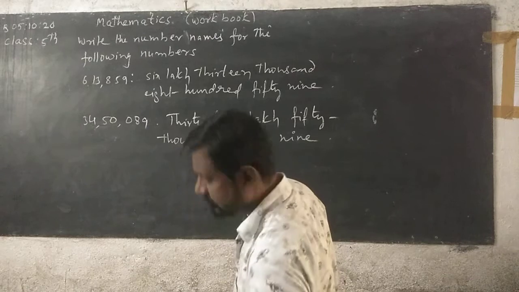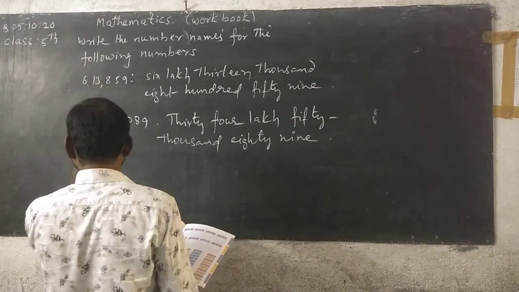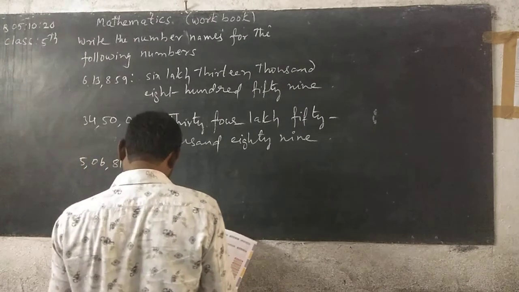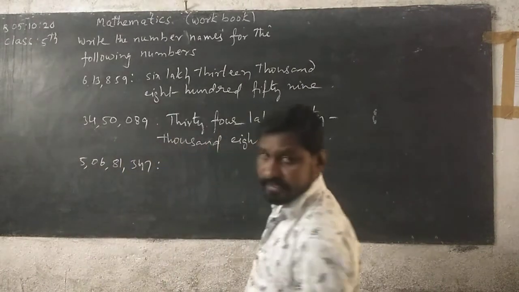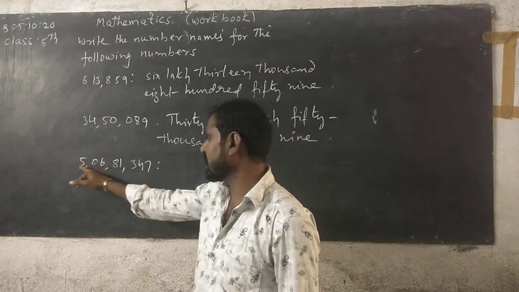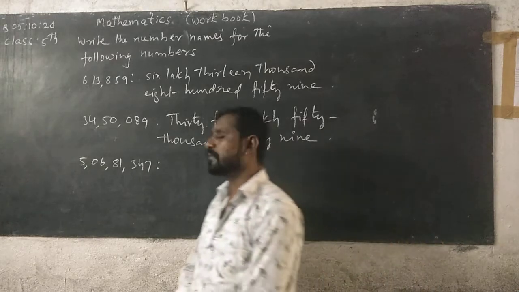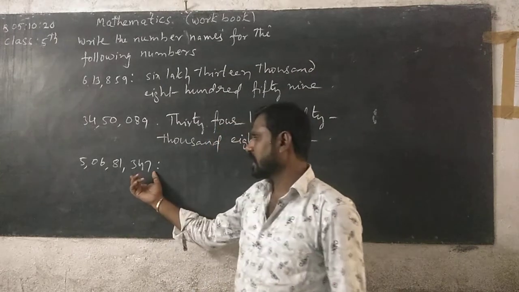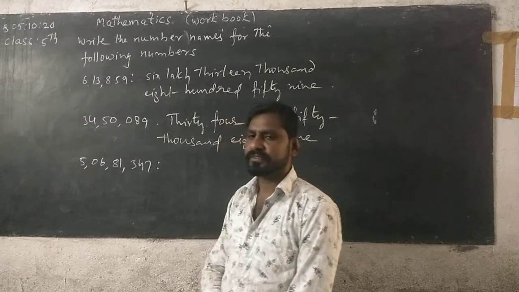Next, 5 crore 6 lakh 81,347. See here, ones, tens, hundreds, 1,000, 10,000, lakh, 10 lakh, crore. How many periods does it have? 4 periods. The first 3 places from right to left side go to ones period. The next 2 places, meaning 4th and 5th, go to thousands period.